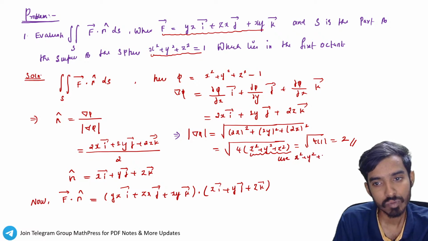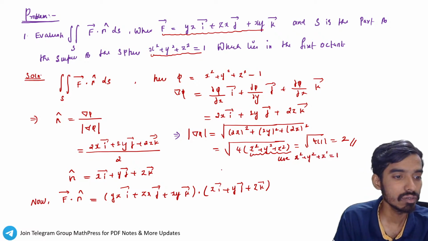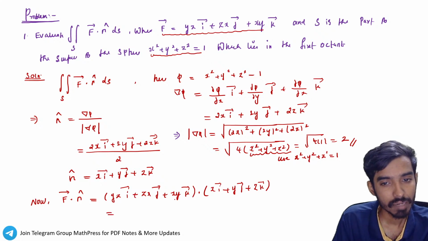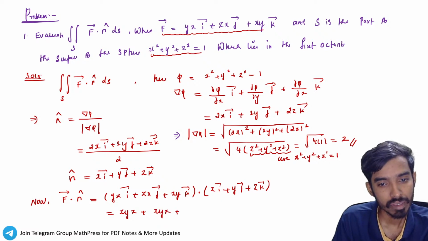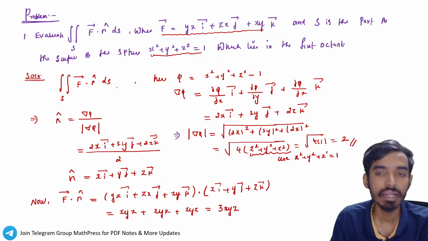To make a dot product, you will have x into yz is xyz, zx into y is again xyz, xy into z is again xyz. So therefore 3 times xyz is f vector dot n cap.